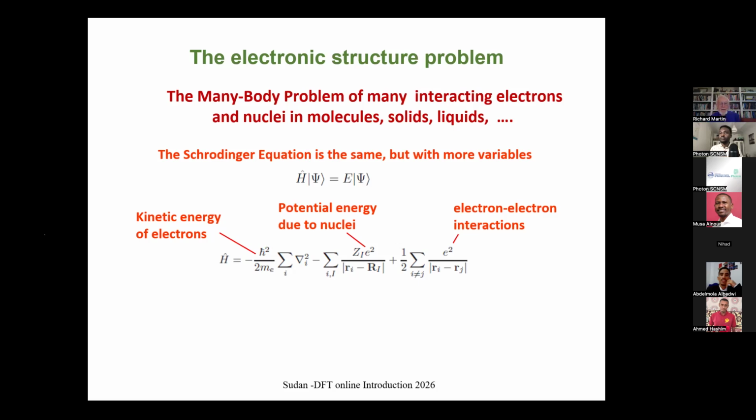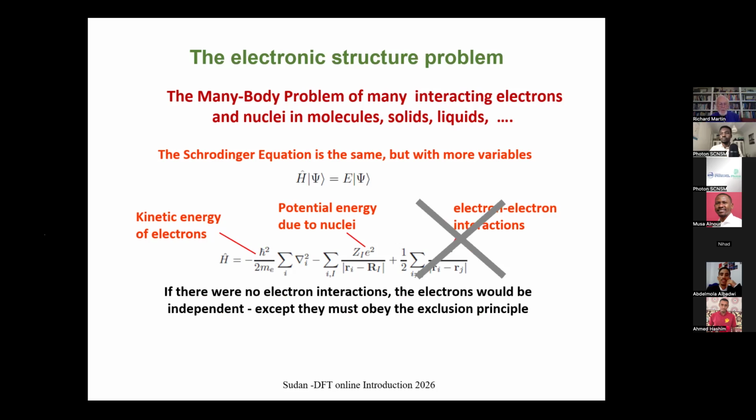You can multiply the wave function by the potential energy due to the nuclei, which is the Coulomb potential. Z is the charge of a nucleus, and it's 1 over the distance from the nucleus. That's easy. But the electron-electron interactions make it a really hard problem. It's not a sum over 1, 2, 3 electrons. It's 1, 2, 3, 4, 5, 6 electrons all interacting with one another.